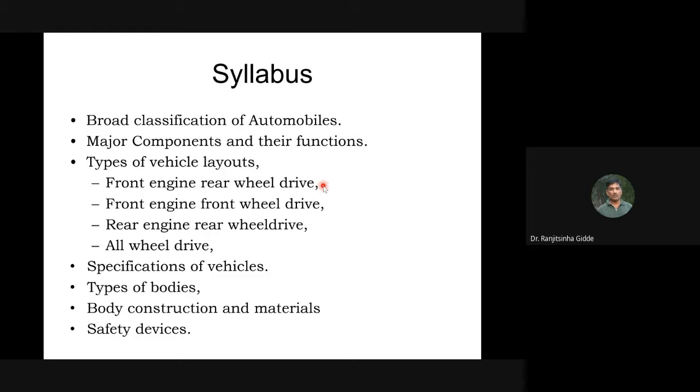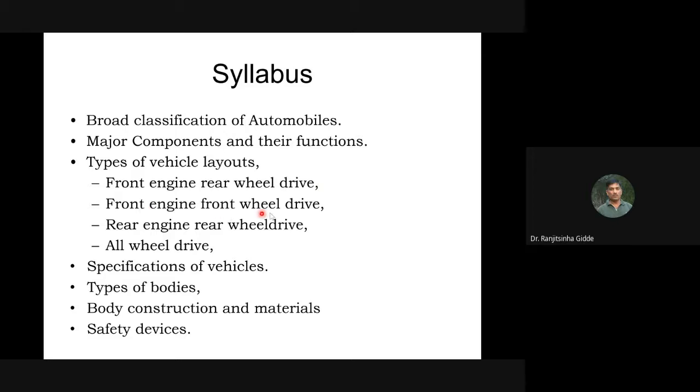So that's why it is called a conventional vehicle layout. Previously we have seen the Ambassador car, the Premier Padmini car. Those are the older models wherein the engine was placed at the front side and drive is given to the rear wheel. And nowadays, whatever cars are running on the road, they have both types of layouts.